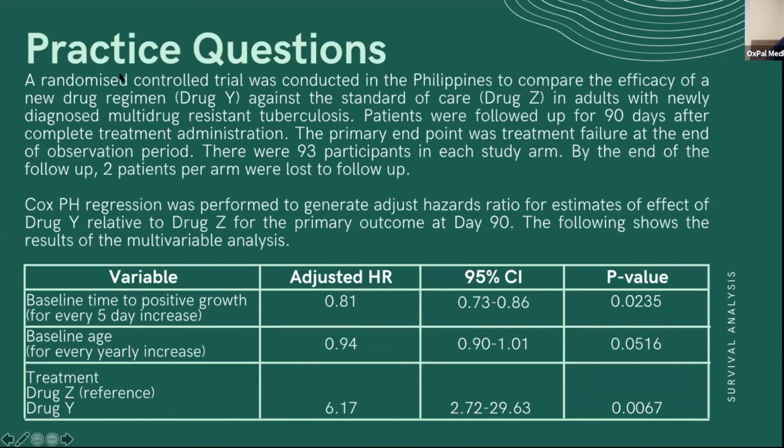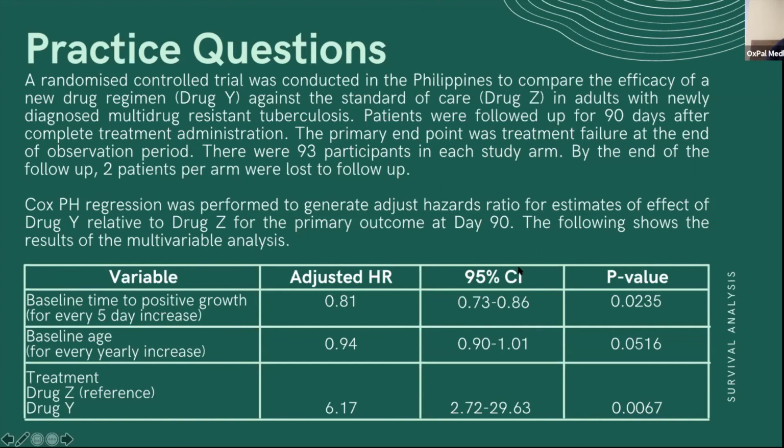But this is just an example. An RCT was conducted in the Philippines to compare the efficacy of a new drug regimen, drug Y, against the standard of care, drug Z, in adults with newly diagnosed multi-drug resistant tuberculosis. They were followed up for 90 days.